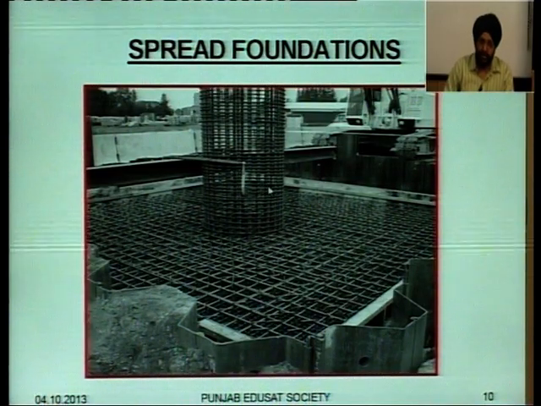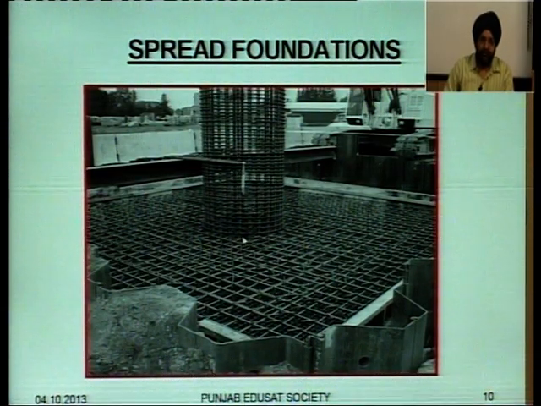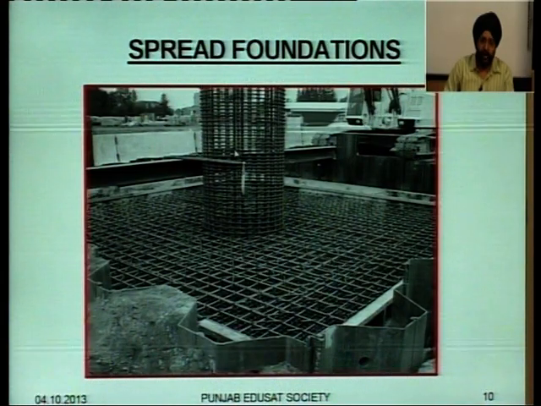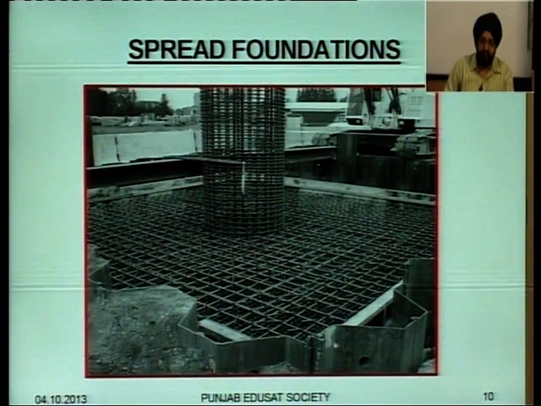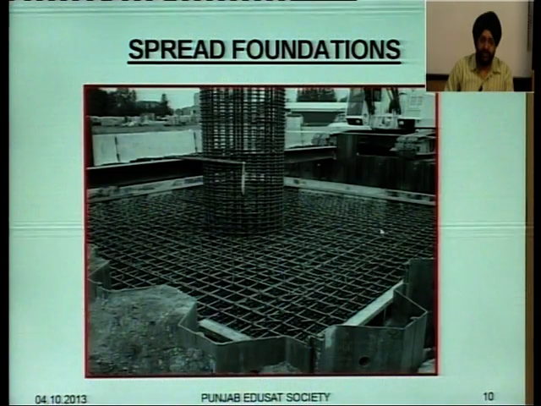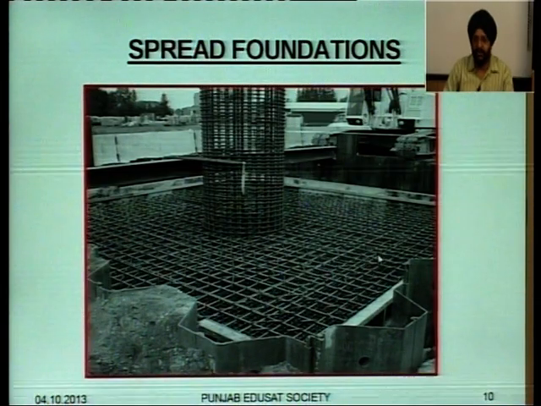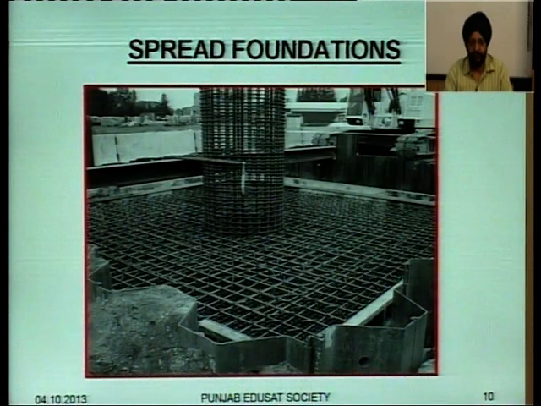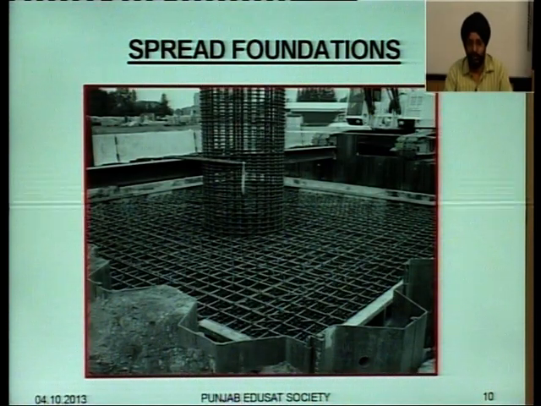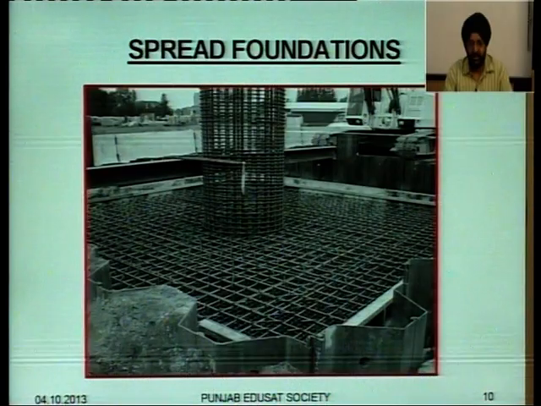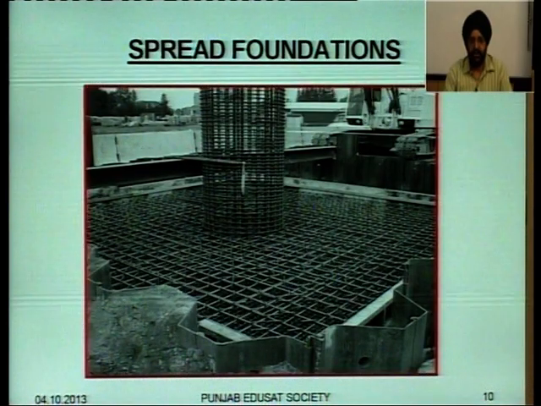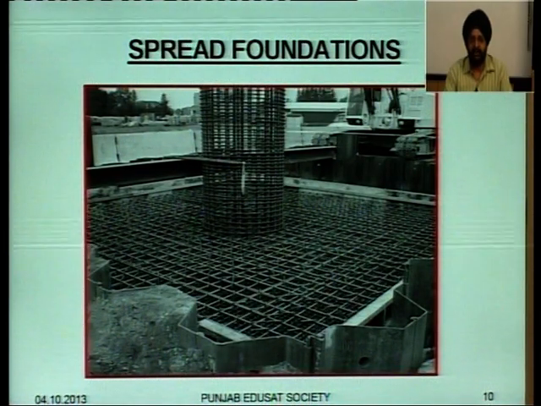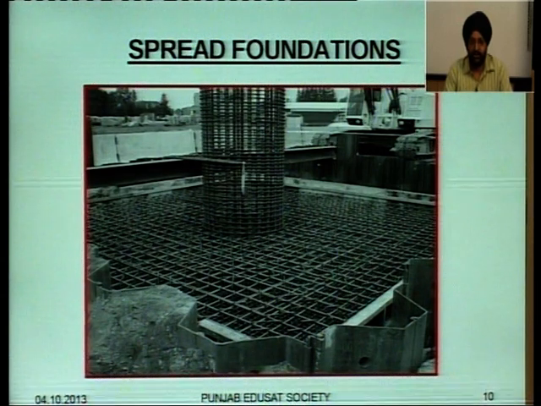You can see the wider area of the spread foundation. After this it is cast with concrete, and we will get a solid spread foundation after the casting. So, this diagram is also giving you an idea how the area is enlarged at the base.